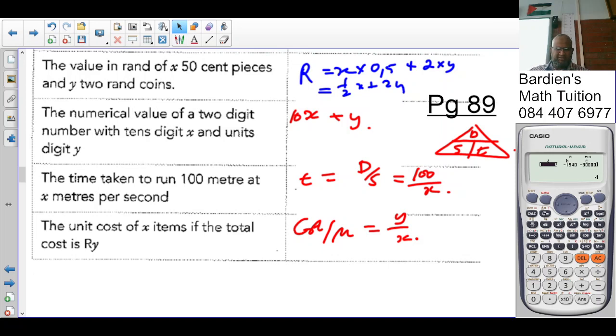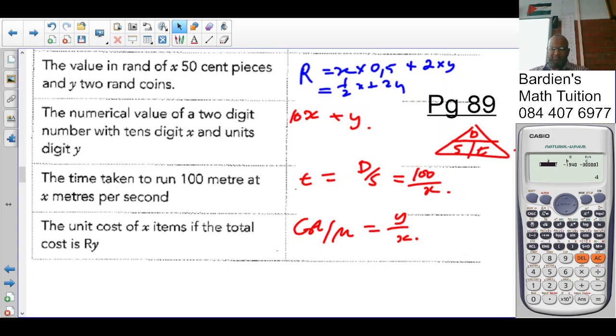Alright, the bell is going to ring soon. So for homework I want you guys to do exercise 4.10. I'm not going to give you the whole exercise, I just want you to do the first 5 sums.